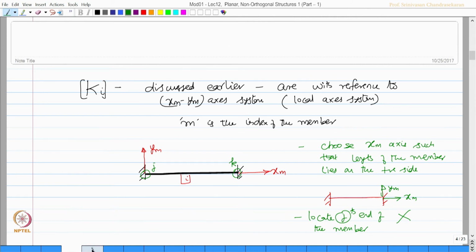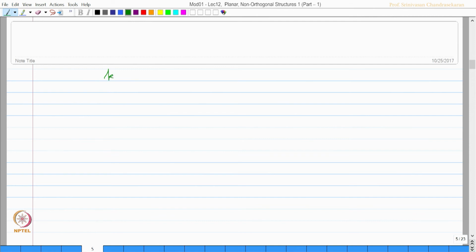Subsequently, the kth end of the member is located on the positive side of the XM axis.